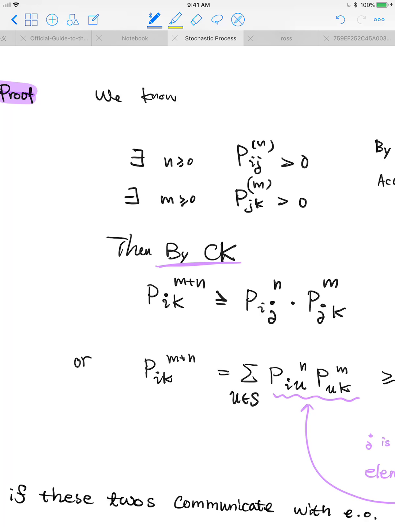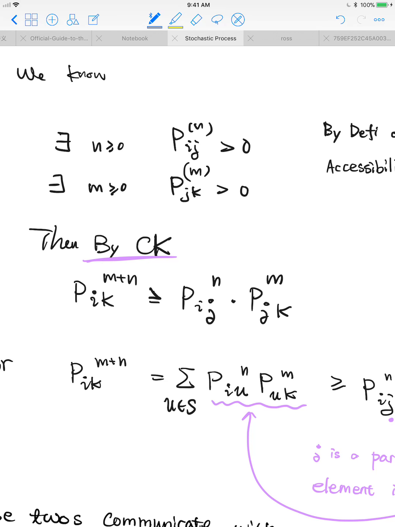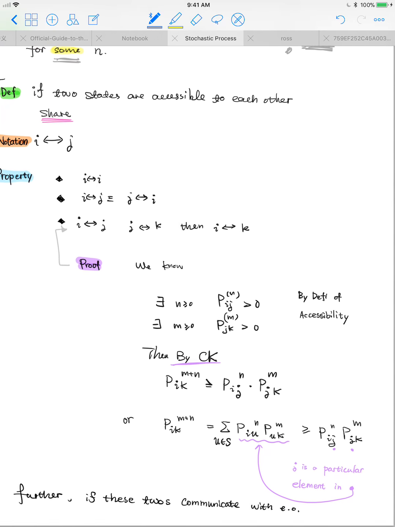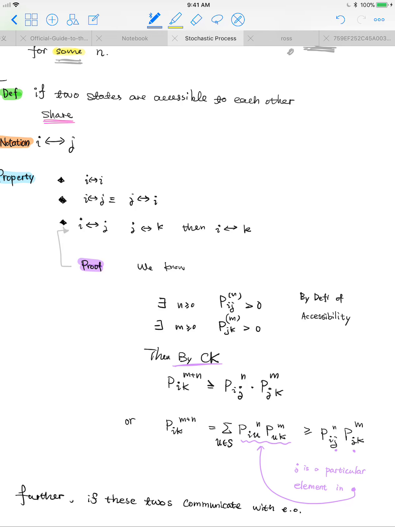So by the CK equation, in m plus n steps, the probability of going from state I to state K is the total sum, and Pij times Pjk is a particular element of this sum. So that is a positive number, and the total is always larger than a positive number. Then we know Pik(m+n) is positive.